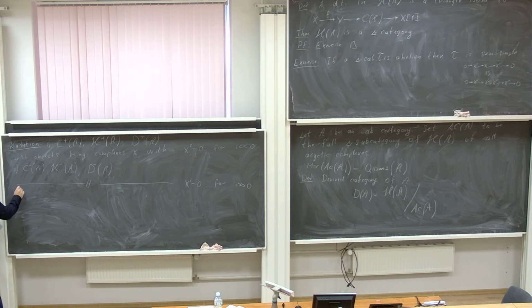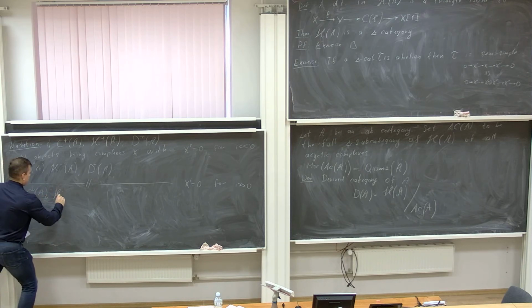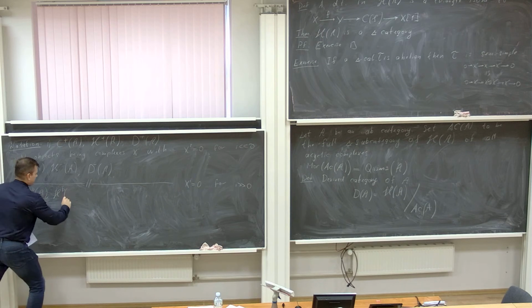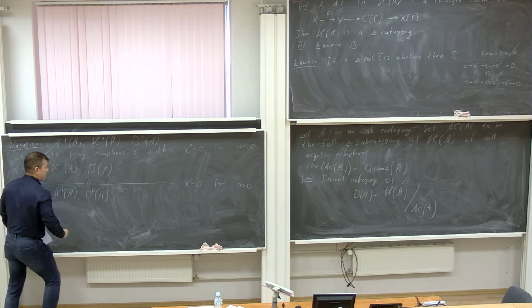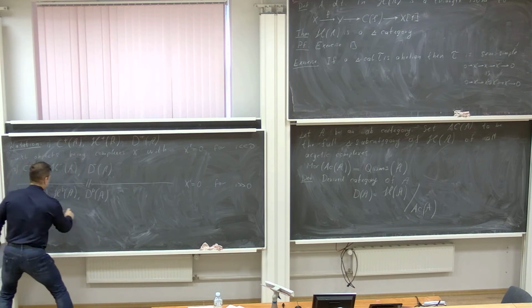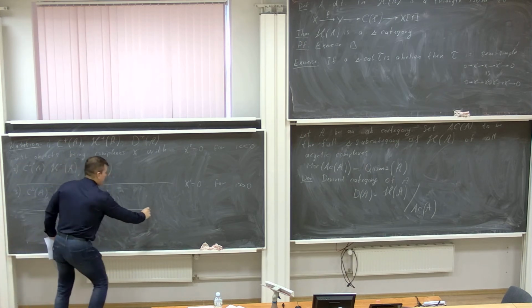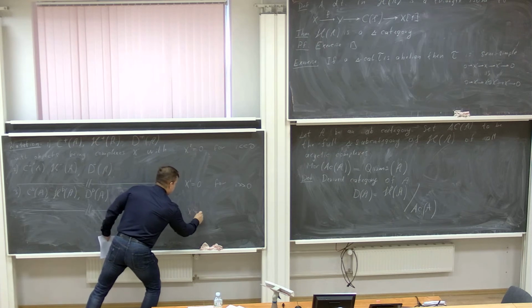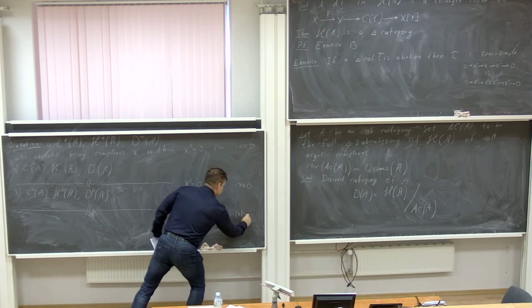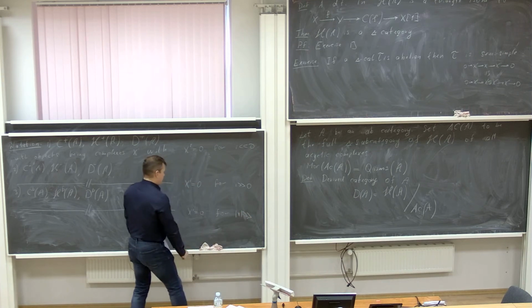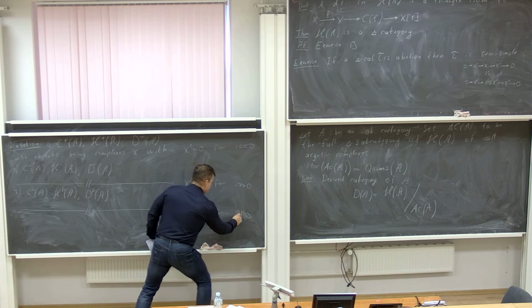And finally, you can define C^b of A, H^b of A, where b is for bounded, and D^b of A. So the same definition as before, but now the condition is that X^i are all 0 for all sufficiently large indices in absolute value.